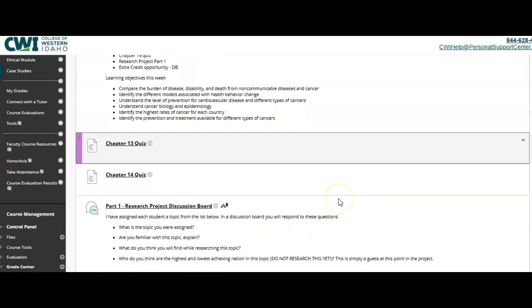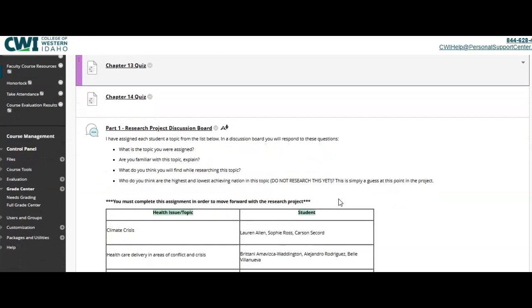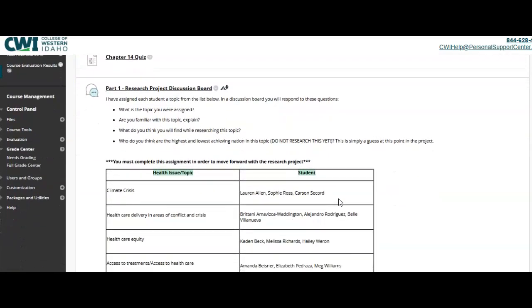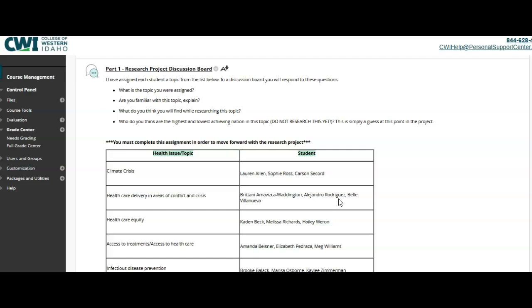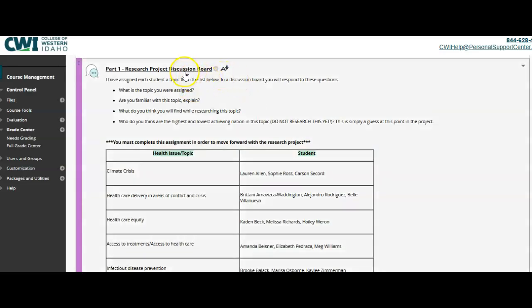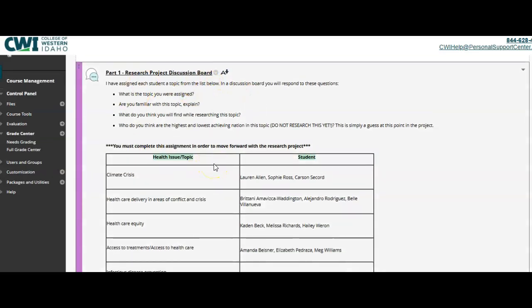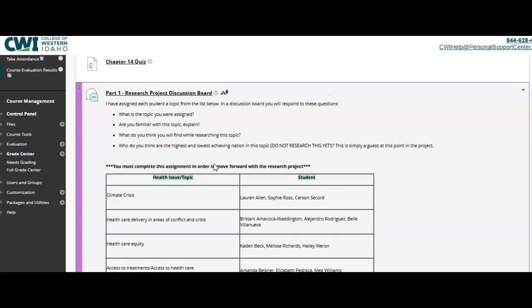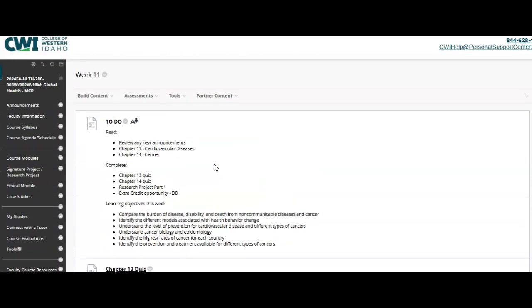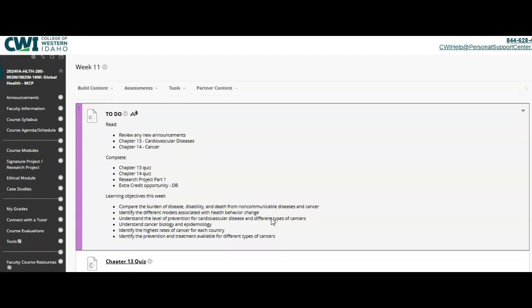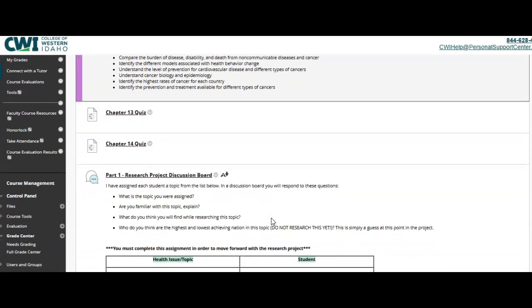And then this is where we start part 1 for the research project. So this is a signature assignment. In addition to right here, every single assignment that's associated with the signature project, you can also find right here. So signature project or research project, you can click in there and it will take you to the entire outline of the project.